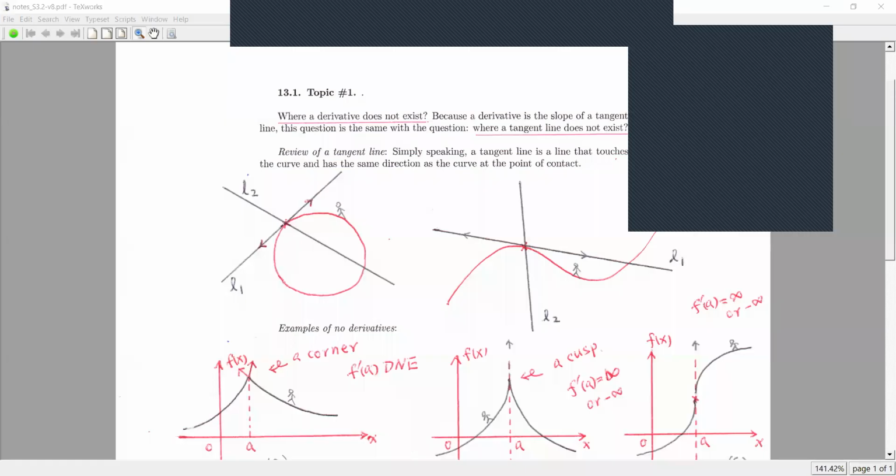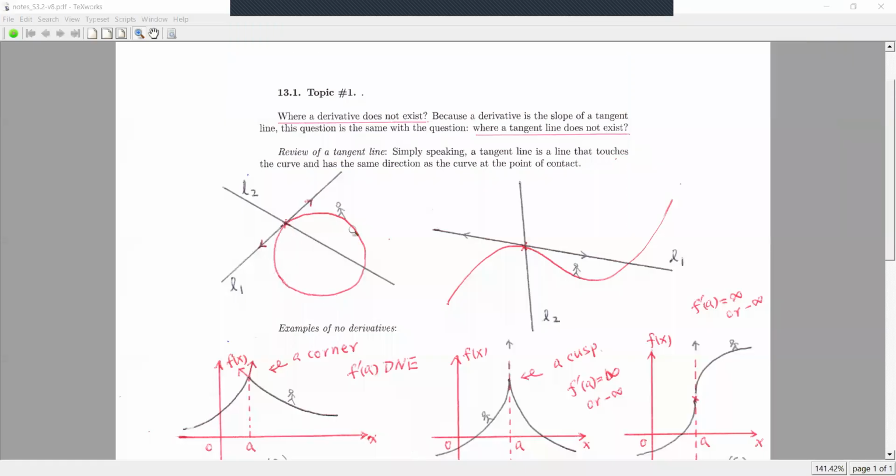For example, consider this point on this circle. At this point, there are two lines passing through it. The line L1 is a tangent line, but L2 is not a tangent line. Imagine that I walk along the circle. When I pass this point of contact, my walking direction is this direction.